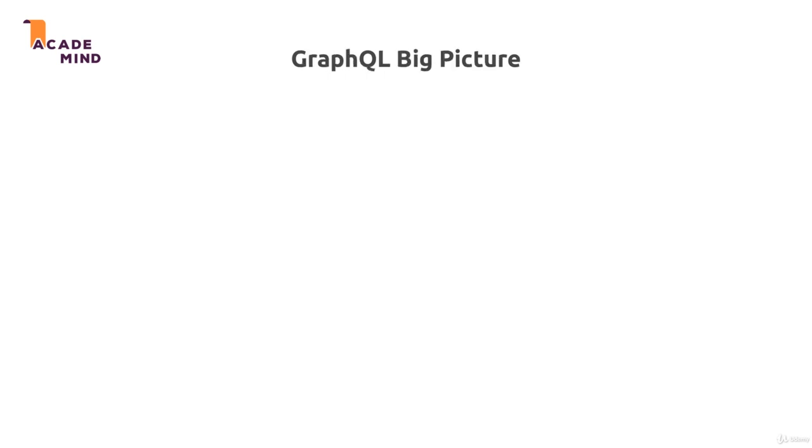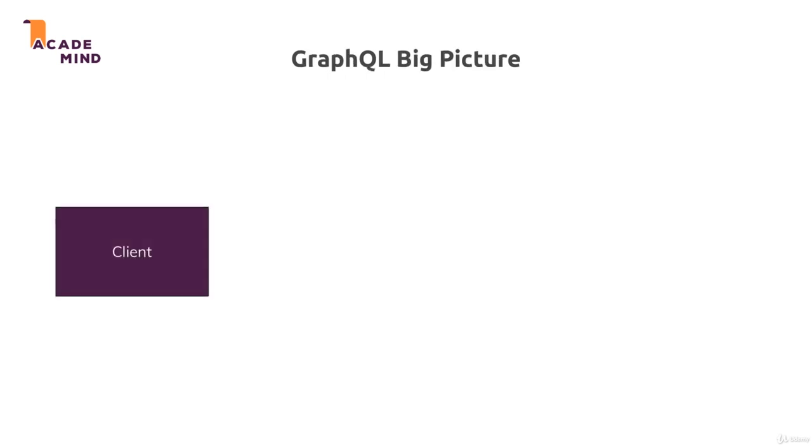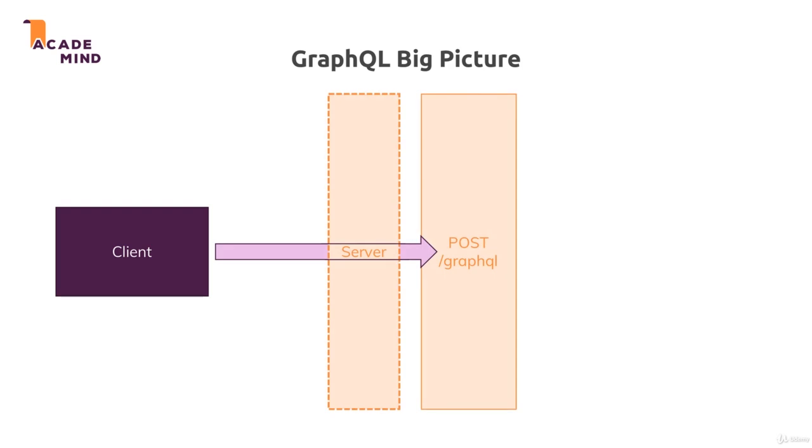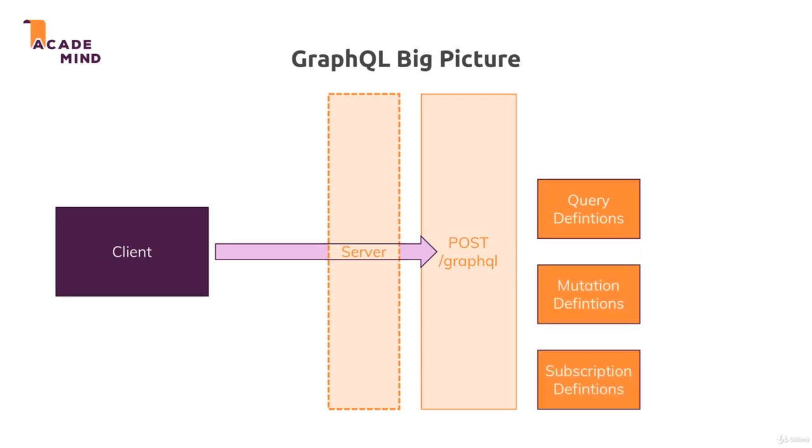So to sum it up, in a big picture, we have our client. We send a request to that single GraphQL endpoint on our server. And then there, and this is the part you will do with me in this module, there you set up your definitions for queries, mutations, and possibly also subscriptions. In these definitions, you use type definitions because GraphQL uses a typed query language, which means you define the types of data you work with, the types of data you return in a query, and so on.